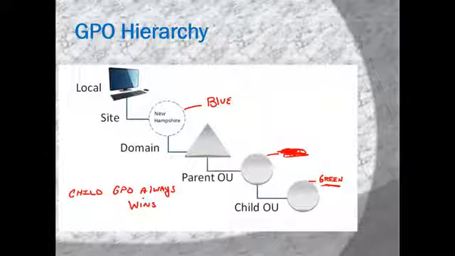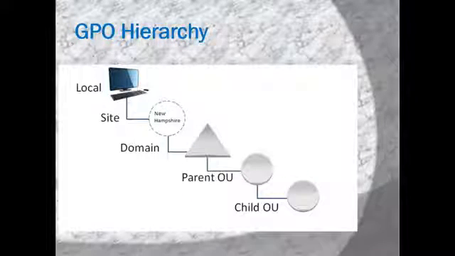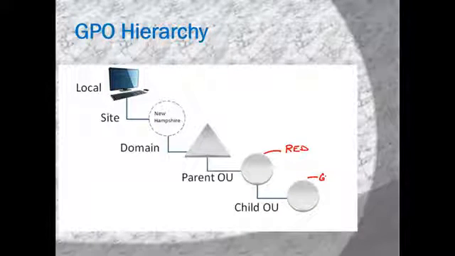Now, just like any parent-child relationship, it does not have to work this way. You can have the ability as a parent, just like you do in the real world, to enforce a policy. So, let's say that on this parent OU, I set it up so that everybody has to have red wallpaper. And on the child, everybody is set up to be green.